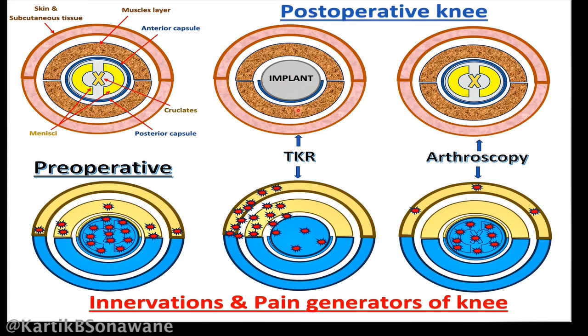So most of the pain generation will happen in the surgical dissection area which was relatively healthy before the surgery. So most of the time the post-operative pain generation of the anterior component is more than the posterior component.